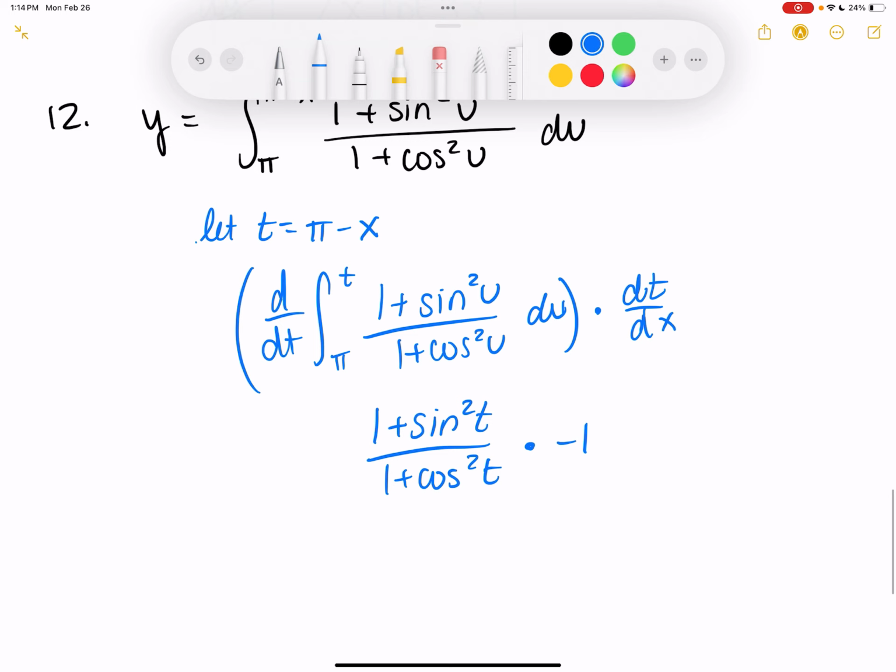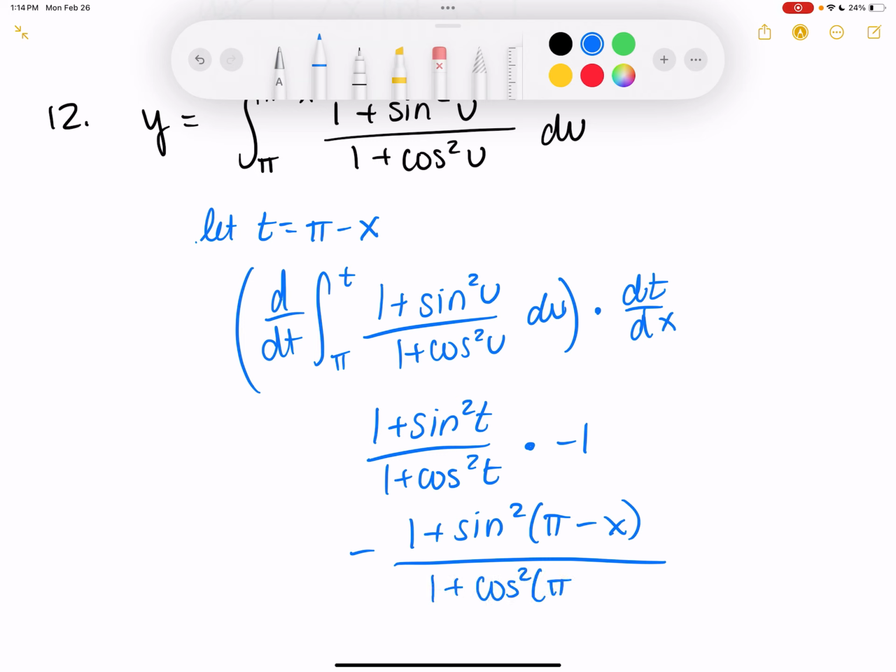And then we've got to replace t, so this is going to be negative, and then 1 plus sine squared of pi minus x over 1 plus cosine squared of pi minus x. So yeah, they do in fact just have a typo in their problem.